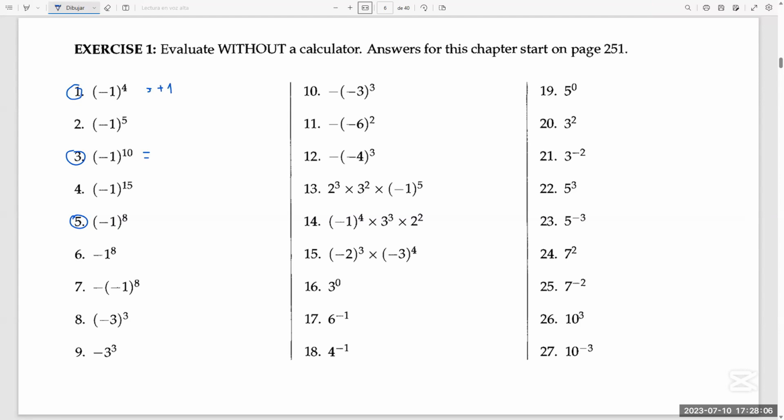Positive 1. Okay, that's right. Positive 1 again. Okay, let's ask Luciana. Number 5, what is number 5? Also positive 1. Positive 1? Yes. Okay, good.